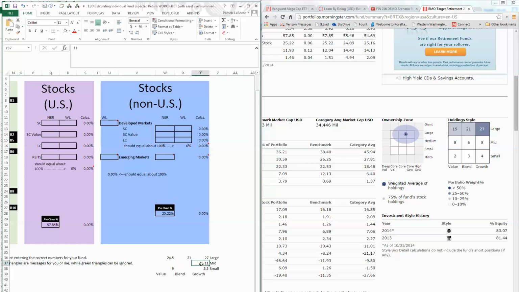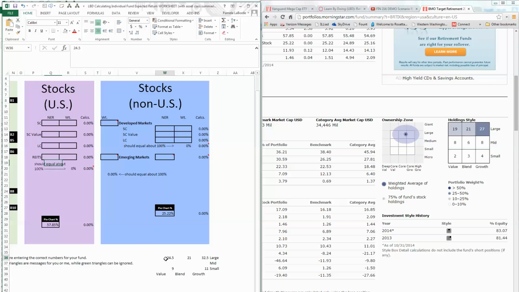This 11, I will split it in half, gives me 5.5, add it to this 5.5, that gives me 11. Take the other half, 5.5, add it to that 27, that gives me 32.5. I've gotten rid of that 11. Now large caps, they don't even bother to split into value versus growth.